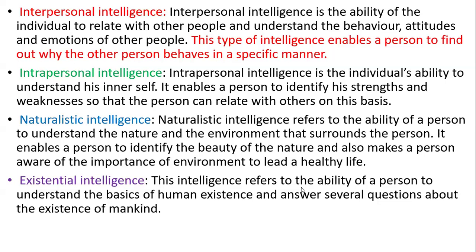So then what is the use of this type of intelligence? It enables a person to find out the other person's behavior, right? So then it's important in the society. If we want to live in the society, we should understand other people's emotions, feelings, their behaviors. For that, we need to have interpersonal intelligence. Okay, next one.